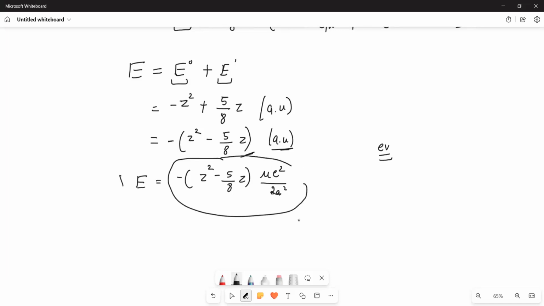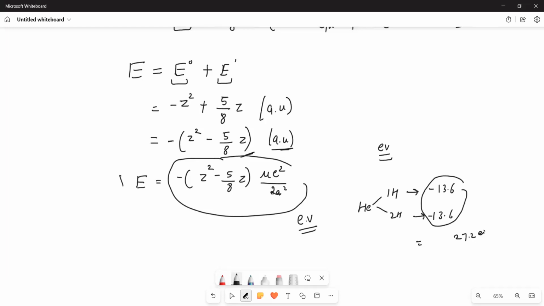If you want to find the energy in electron volt, here we have considered that helium consists of two hydrogen-like systems. This is the first hydrogen-like system, this is the second. For hydrogen, the energy in electron volt is equal to minus 13.6. For this also, the energy is minus 13.6. If you add it, you will get 27.2.